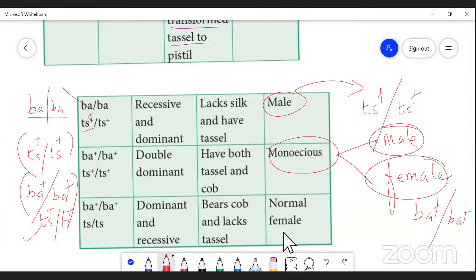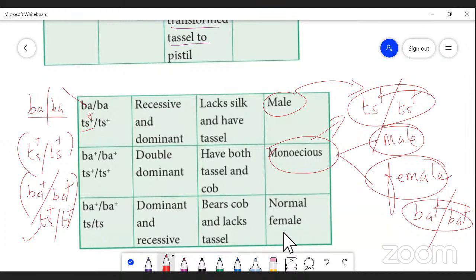Hence, the condition is monoecious. Actually, monoecious is caused by the presence of ba plus, which is the dominant allele responsible for femaleness. And what about maleness? ts plus and ts plus, because ts plus is a dominant allele. So both the dominant alleles for maleness and femaleness are found in a plant. The plant is determined to be monoecious.